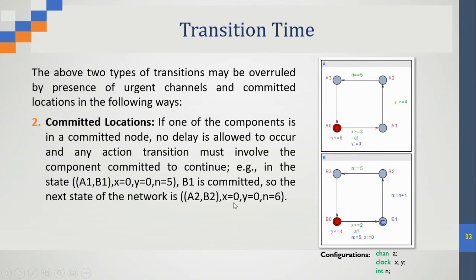So the next state, A2, B2, the time will be 0, 0. If the time here is 0, 0 before we leave this location, the next location will be the same, 0, not affected. Here only n is increased.